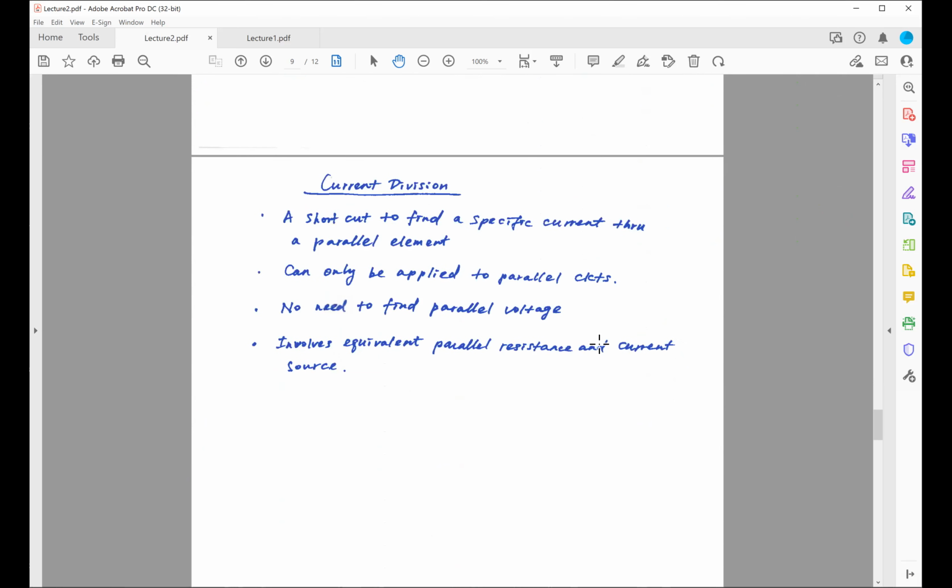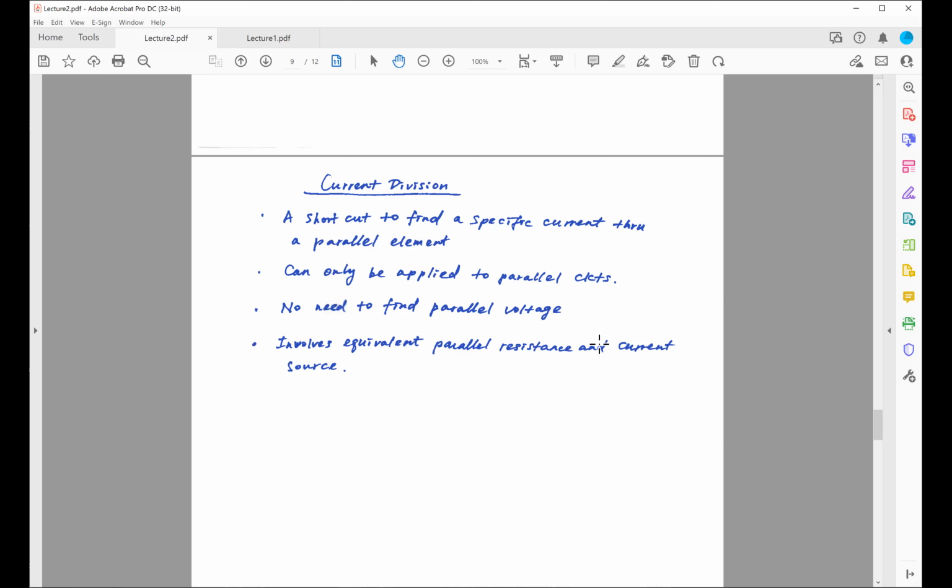Okay, so next I wanted to talk about the current division technique. Another very useful and important technique that you'll find throughout this course. Current division is a shortcut to find a specific current through a parallel element. This technique is only applicable to parallel circuits.